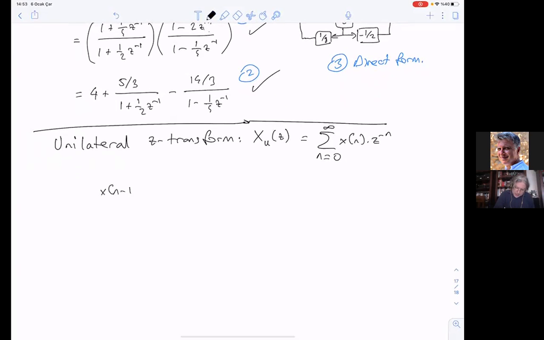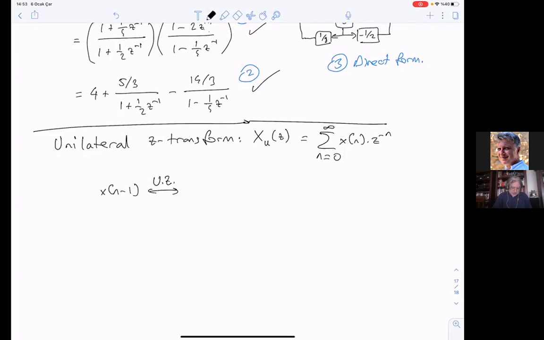Like x of n minus 1, for instance, for the unilateral Z transform, I will use the double-sided arrow with a U over it. Originally, the arrow is supposed to have the Z over there, as a transform pair. On the left-hand side there's the time signal, and on the right-hand side I write the Z transform, but now I'm indicating that the right-hand side is the unilateral Z transform.